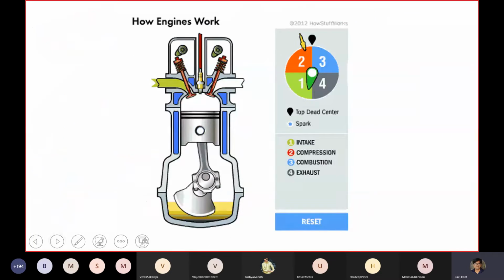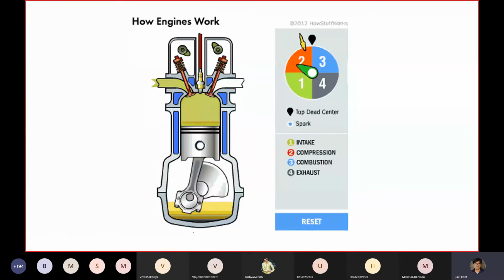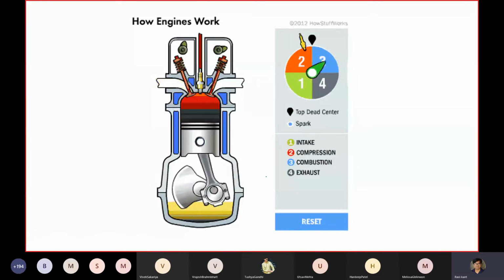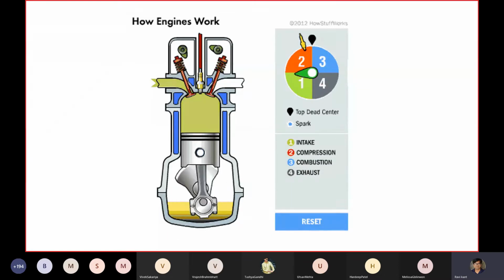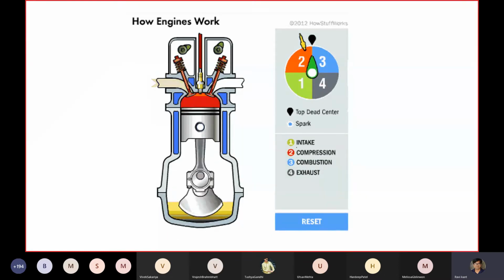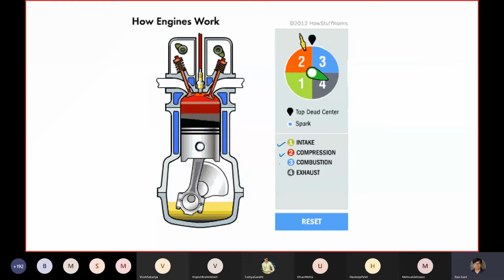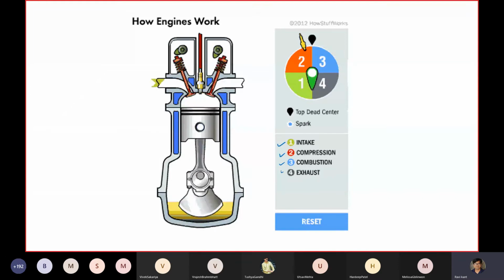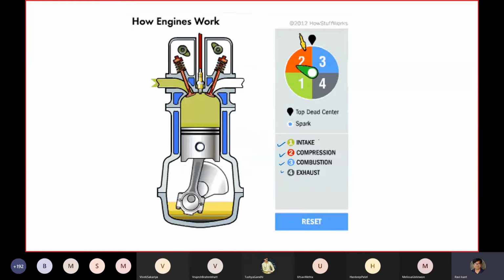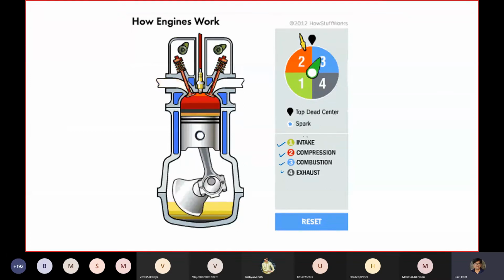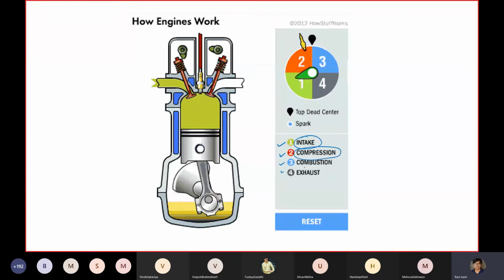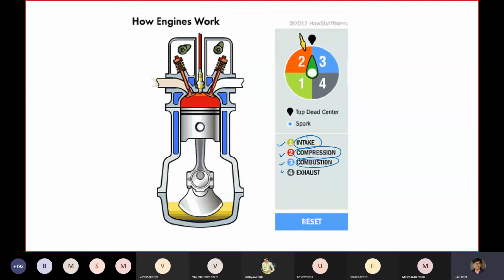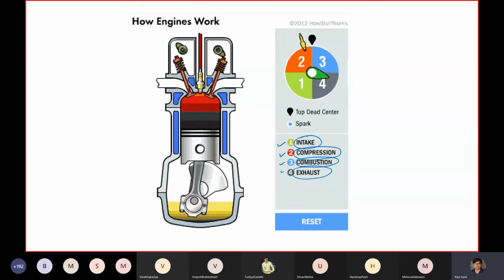Let's move forward, and this is a schematic of what we have just shown in our YouTube video. It essentially has a four-stroke cycle. A full cycle consists of four components: intake stroke, compression stroke, combustion, and then exhaust.